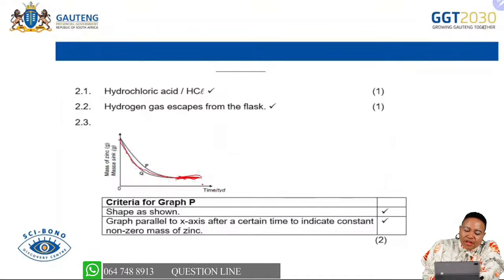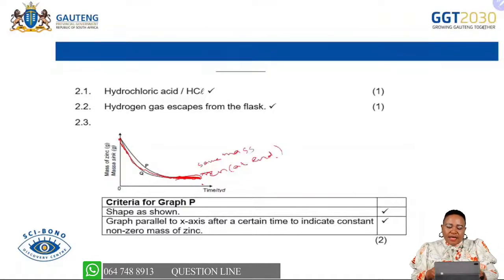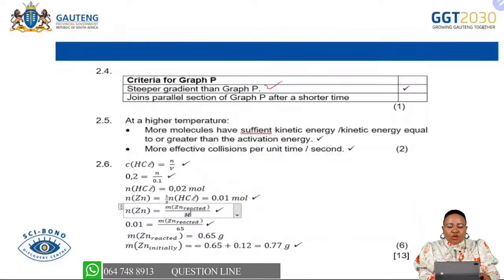However, the steepness of graph Q will be higher than the steepness of graph P, and the two graphs will end at the same point because of the same mass of zinc granules left at the end of the reaction. The only difference is the steepness of the graph. So graph Q has the steeper gradient, and P joins afterward, after Q.